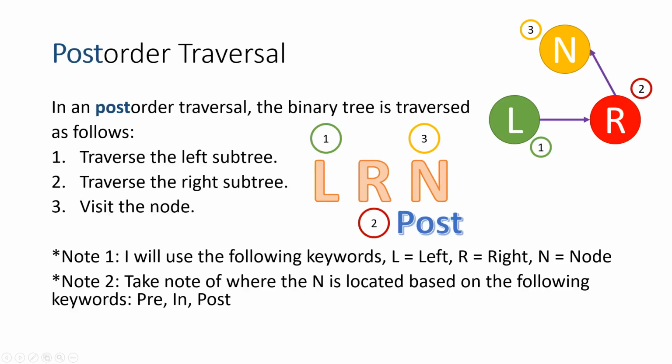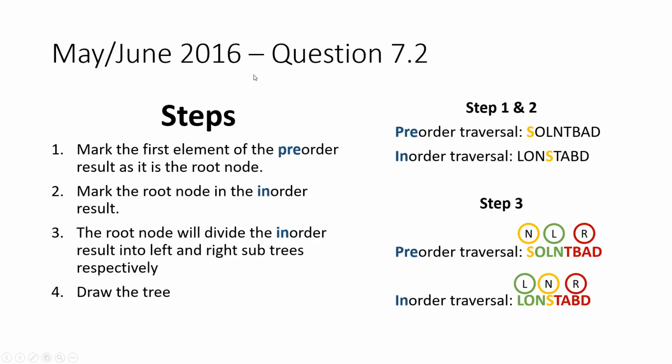So now we get on to question 7.2 of the May-June 2016 exam. Basically, I've highlighted some steps on the left to try and help us solve this and break it down into smaller steps.